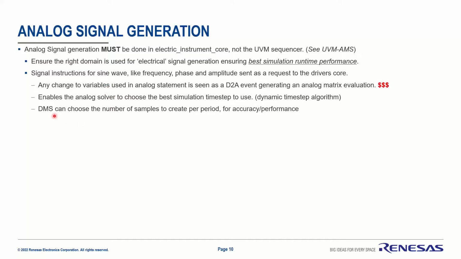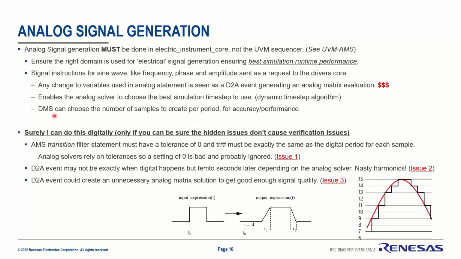So your DMS version of it then could be controlled on the number of samples you create per period for accuracy and performance. So yes, you can create the sine wave digitally, but there are some issues with that. First of all, you have to use the AMS transition filter that takes a discrete value and creates a PWL statement.